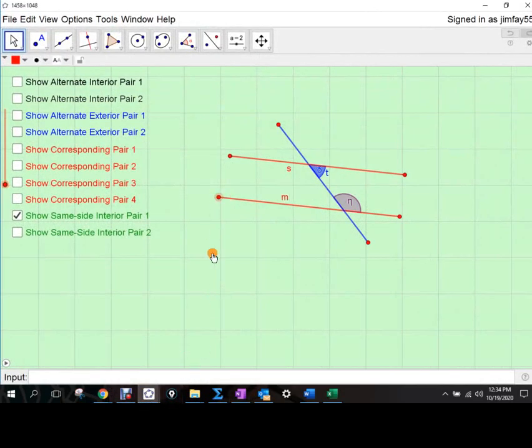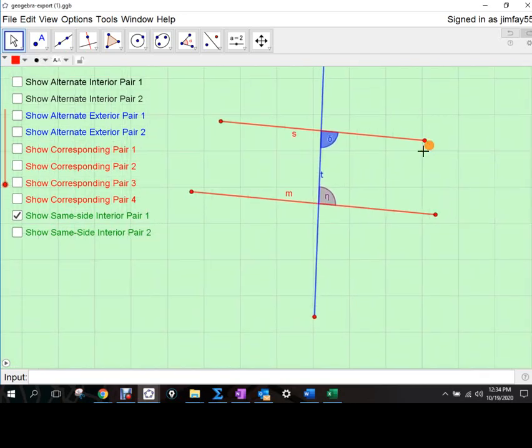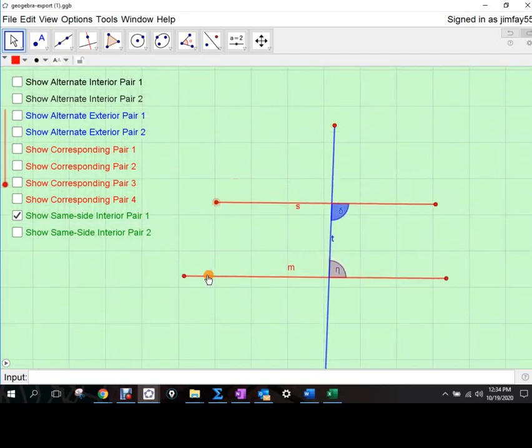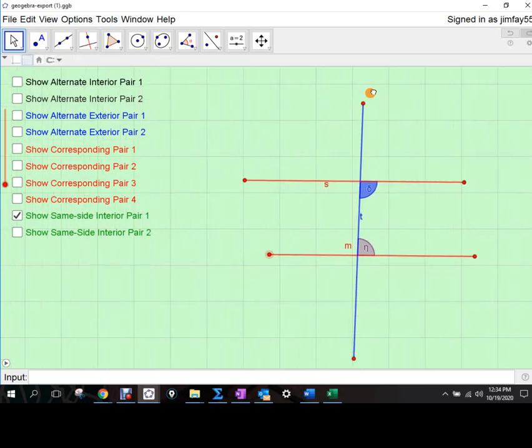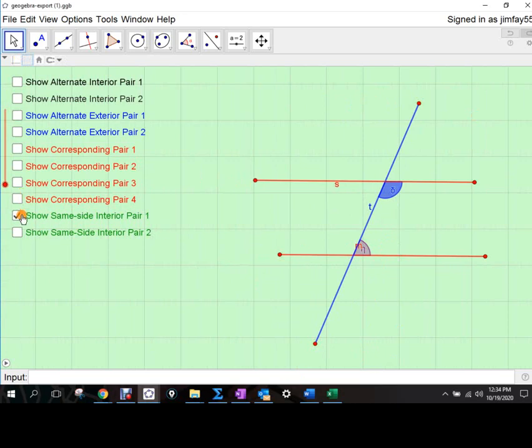Looking at that GeoGebra, what's nice about this, guys, is you can kind of move things around. You can make it any set of parallel lines that you ever wanted. Now you've got to set it up to where you actually get an intersection, or things will kind of fall apart for us. But let's say I look at maybe that set of lines, and we already did the same side interior.